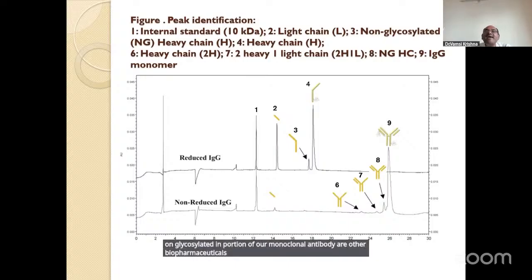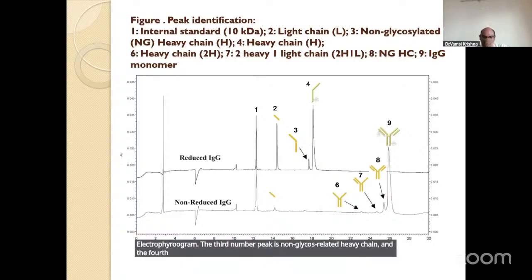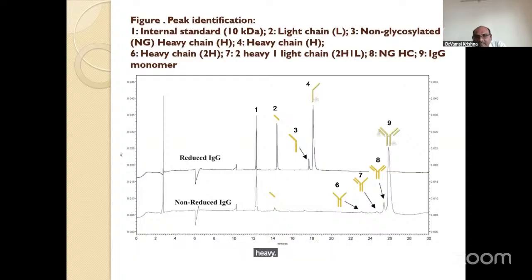So if you see the diagram, in the reduced electropherogram, the third peak is non-glycosylated heavy chain, and the fourth peak is heavy chain. So that means the non-glycosylated heavy chain is clearly separated from the heavy chain. There is a baseline separation between non-glycosylated chain and glycosylated chain.